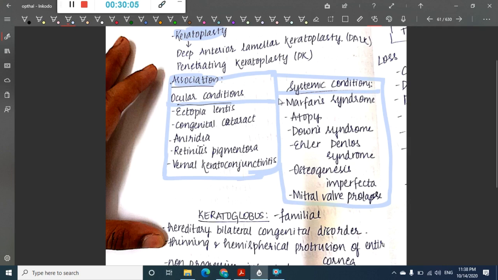Systemic conditions include Marfan syndrome, atopy, Down syndrome, Ehlers-Danlos syndrome, osteogenesis imperfecta, and mitral valve prolapse.